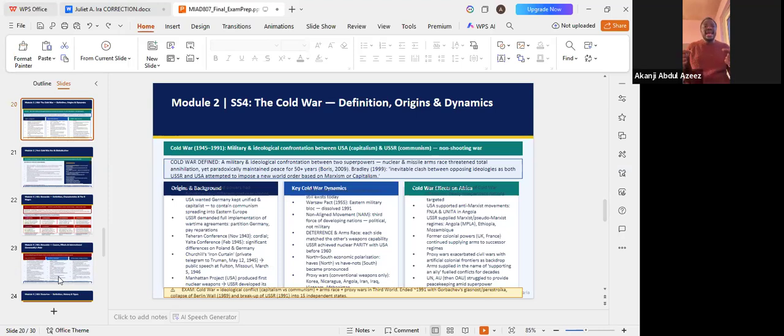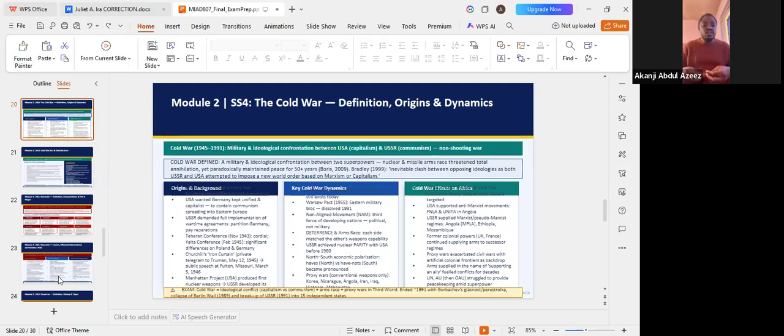Alignments made during the Cold War shaped development paths in Africa, which means that if you aligned behind the United States, you got development aid from the United States. If you aligned behind the Soviet Union, you got aid from them. So we were depending.